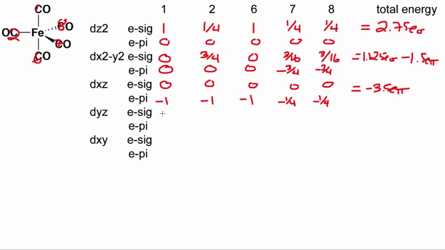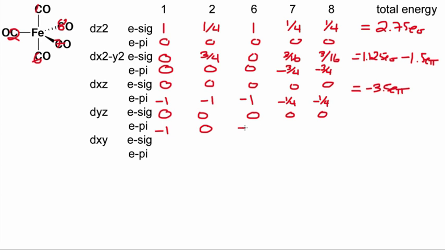If we look at the dyz, we can see that just like the dxz, it will have 0 contributions from any sigma bonds. In the case of the pi bonds, we will have a value of -1 for position 1. For position 2, we will have a value of 0.